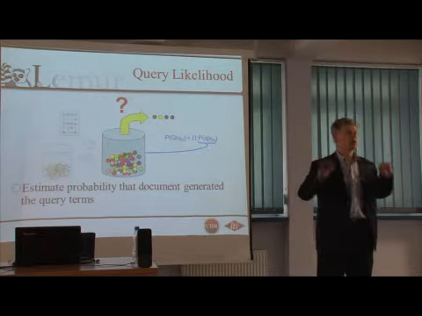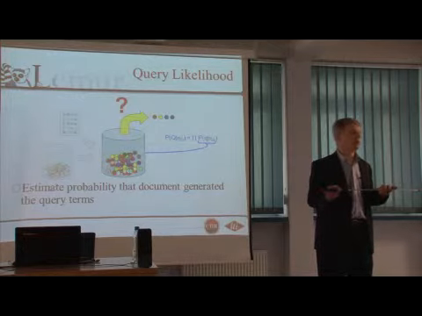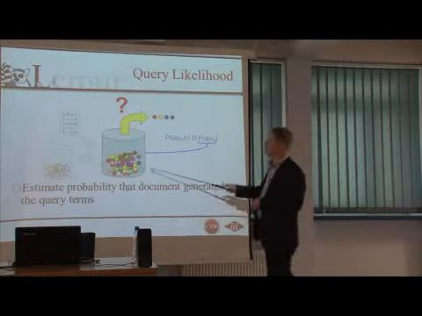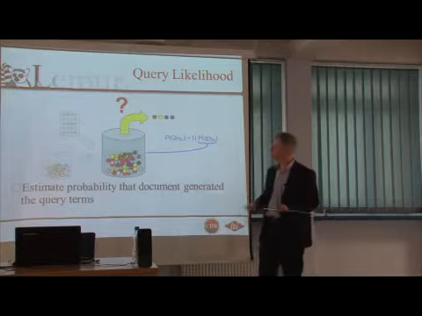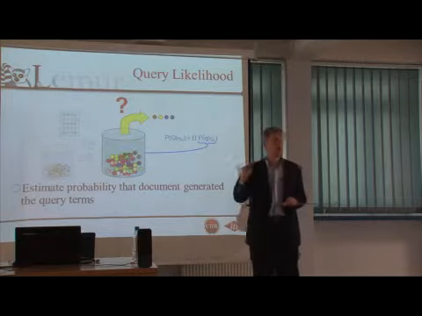So this is the reverse of the reasoning that we have seen before. Instead of looking at what the document has, we ask the question what it is that the document might have, what it is that the document might be about, all right?